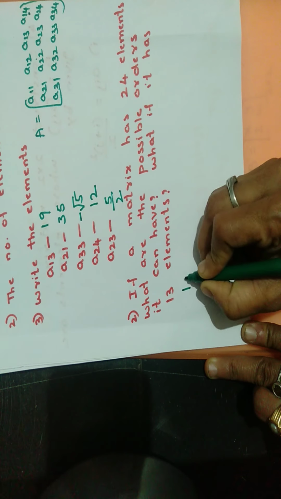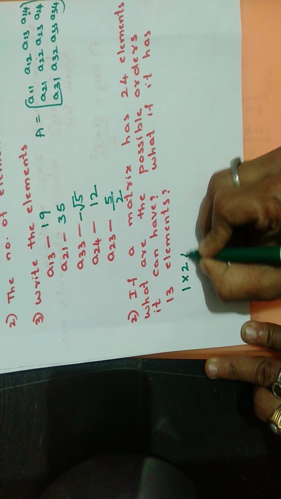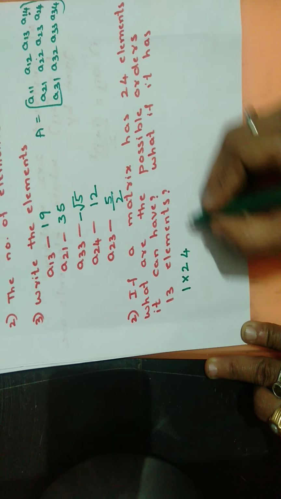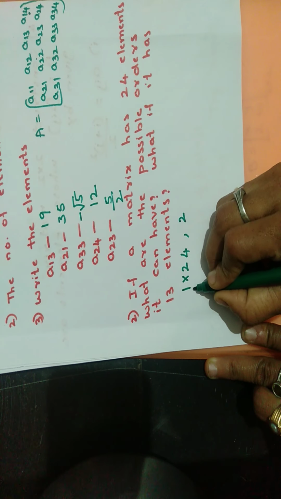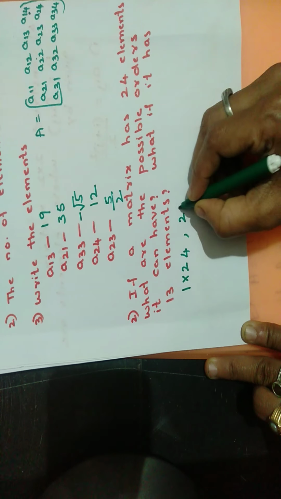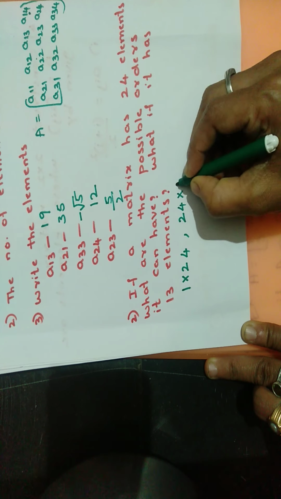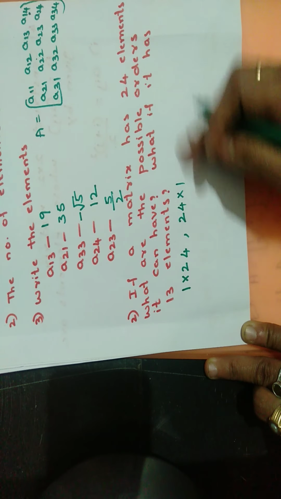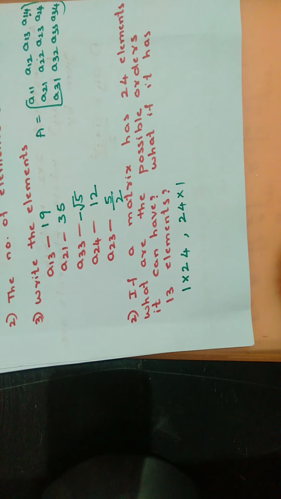First we consider 1 into 24. That is 1 row and 24 columns, and we can also write 24 rows and only 1 column. These are the first possible orders.